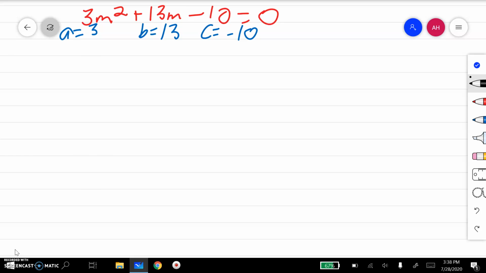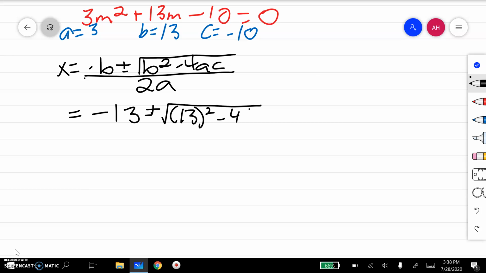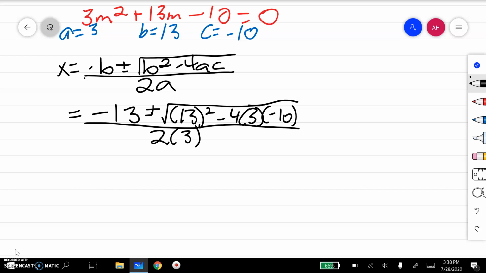Then we have our quadratic formula, x equals negative b plus or minus the square root of b squared minus 4ac all over 2a. So b is 13, so we have negative 13 plus or minus 13 squared minus 4 times a is 3, c is negative 10, all over 2 times a was 3.